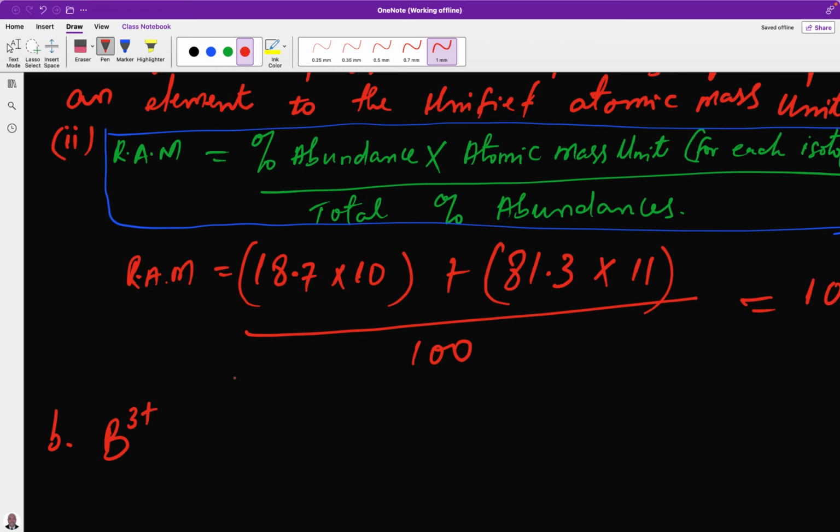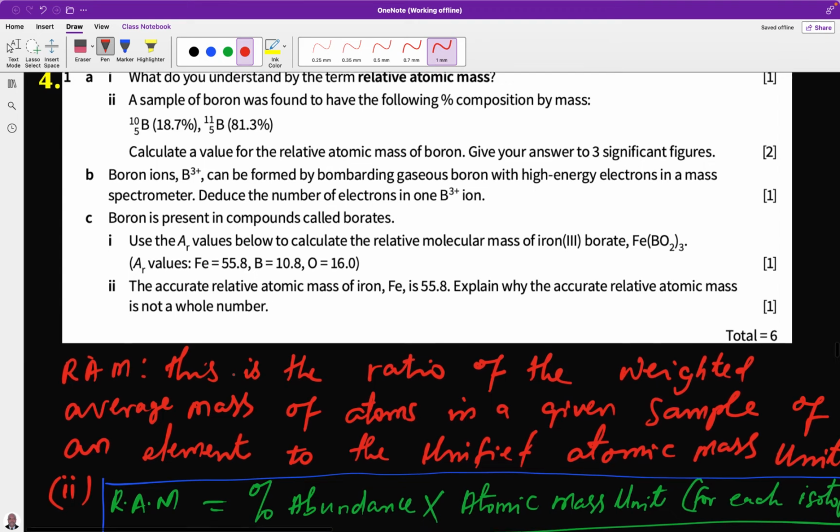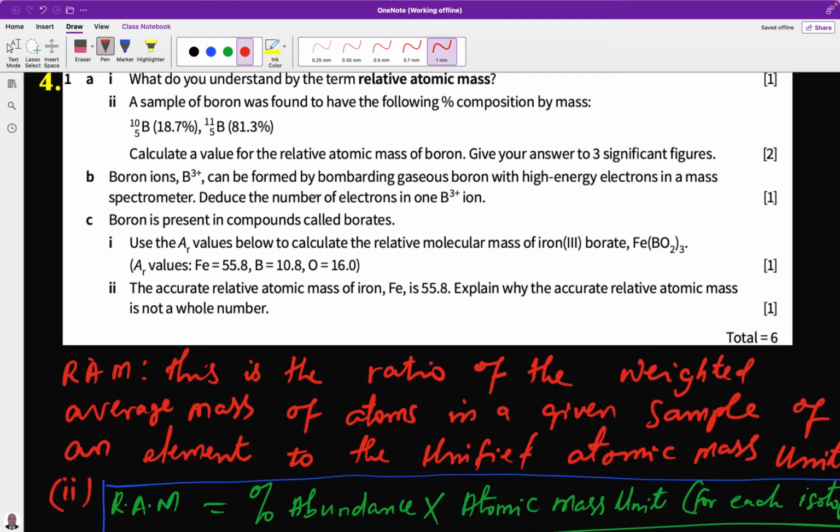This is a cation, and boron has an atomic mass of what? From what we were told, it has an atomic mass of 10.8. That's the atomic mass. But look at this here. The proton number of boron is 5.